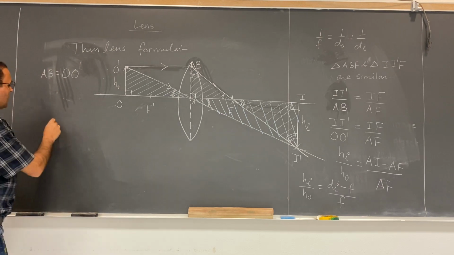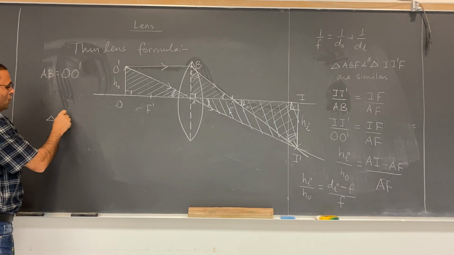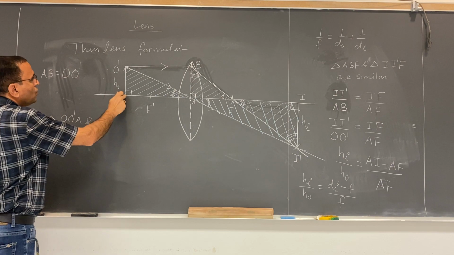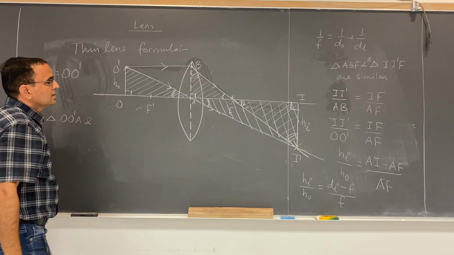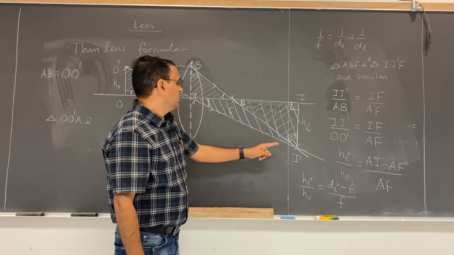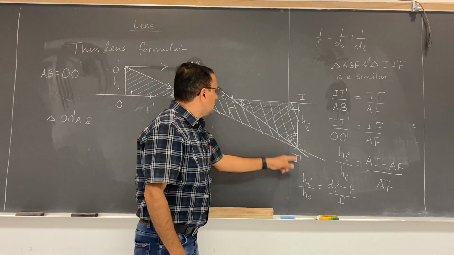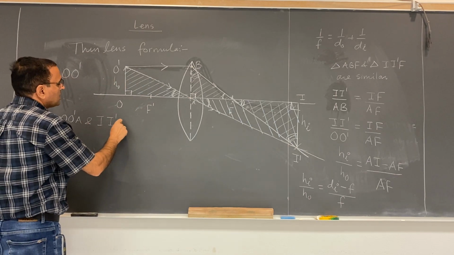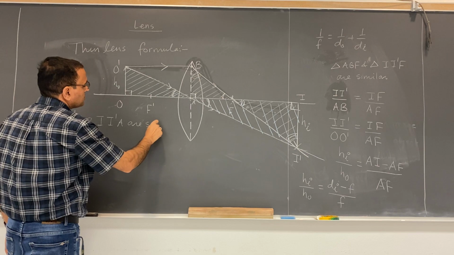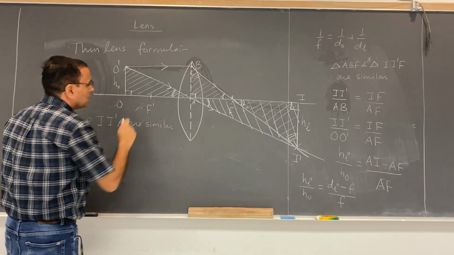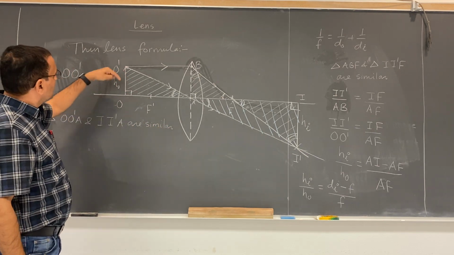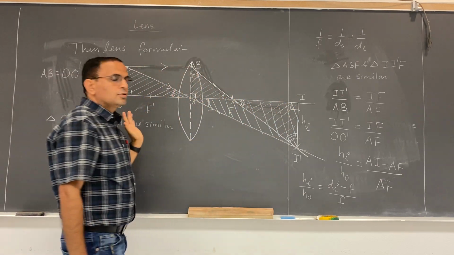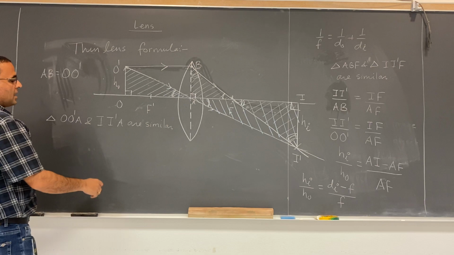So triangle O prime A and I prime A are similar. You see the blue highlighted. O prime AO and I prime AI are also similar triangles.